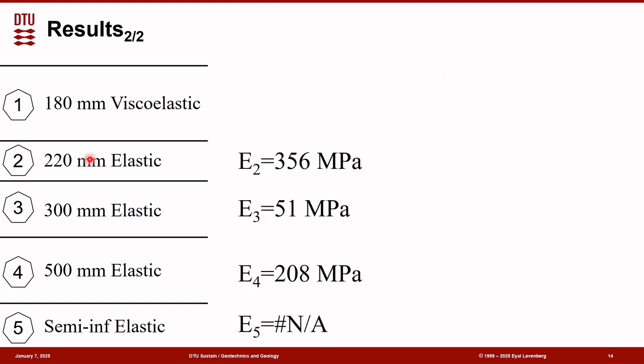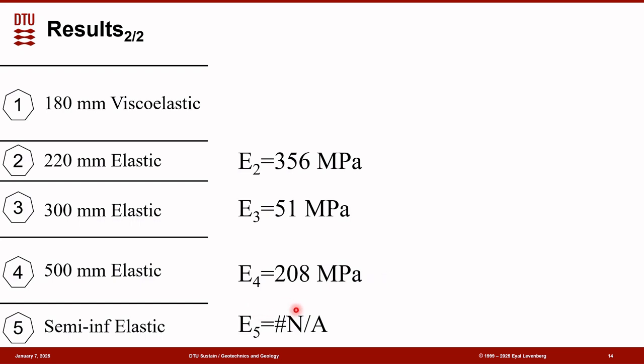In terms of the other layers, for the top part of the unbound granular material, we're able to get a modulus of 356 megapascal. The bottom part of the unbound granular material, 51 megapascal. The top part of the subgrade, 208.